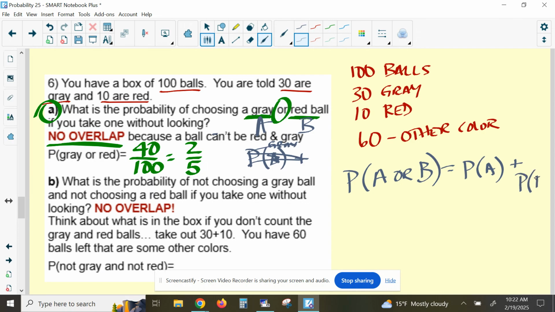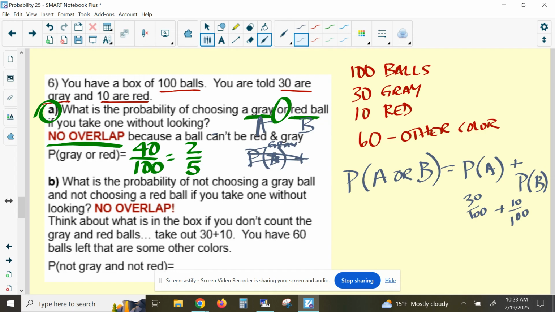Is that true in this case? What was P of A? 30 over 100, plus what was P of B? 10 over 100. Could I have just done that? It works, right? Because there is no overlap. So you can just add them together and don't worry about the overlap.